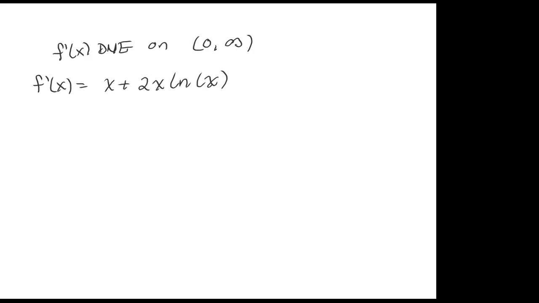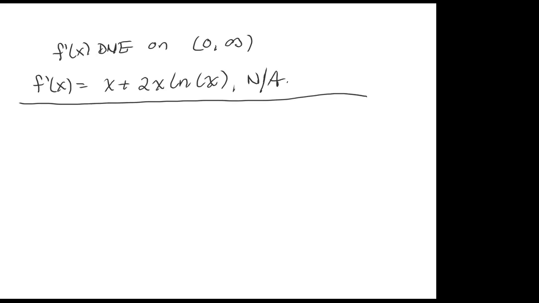Well, the only thing that would make that not exist is if I were putting 0 or a negative number in the natural log. This restriction does not allow me to use negative numbers or 0 in the natural log, so there are no such values that make this not exist. Not applicable. So I don't get any critical points from that.